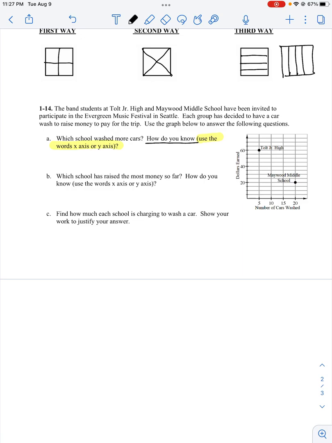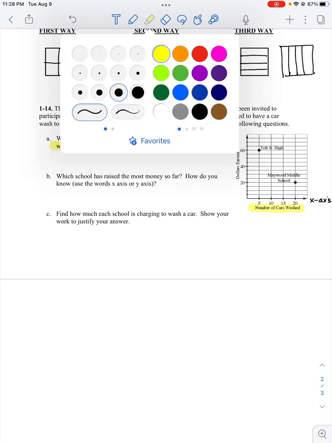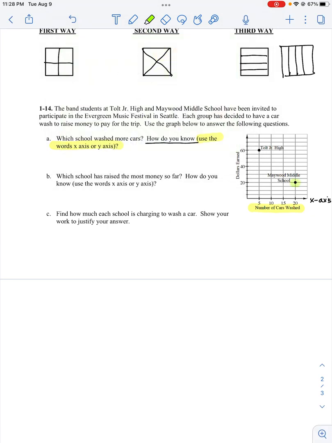Okay, so if I'm looking at this graph, my number of cars washed is along the bottom here. So, if you recall, this line is the x-axis. The school that is the furthest over on the x-axis is the school that washed more cars. So, if I look at this graph, I'm going to notice that Maywood Middle School is further over.